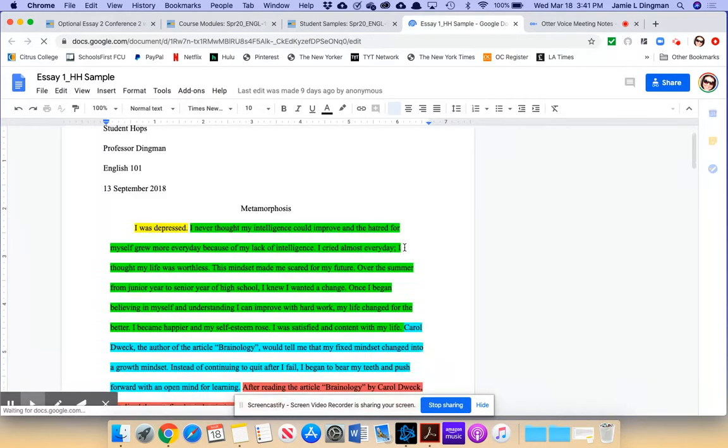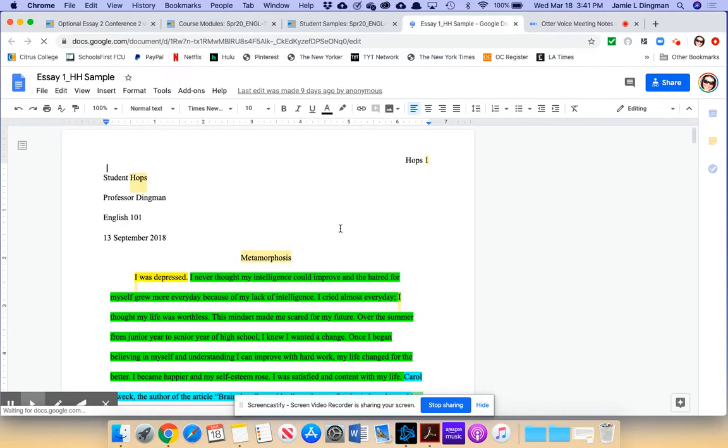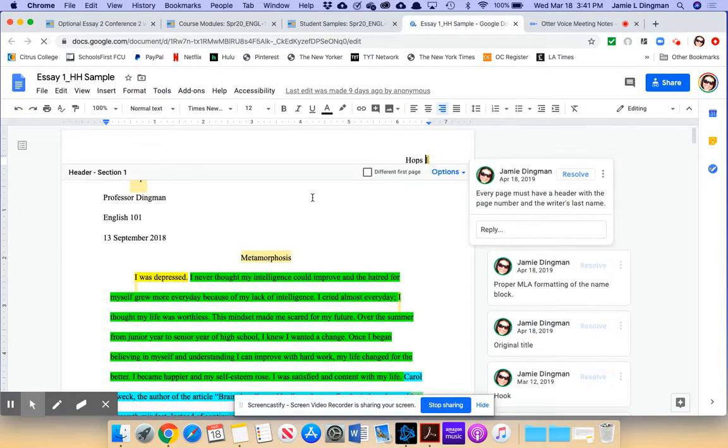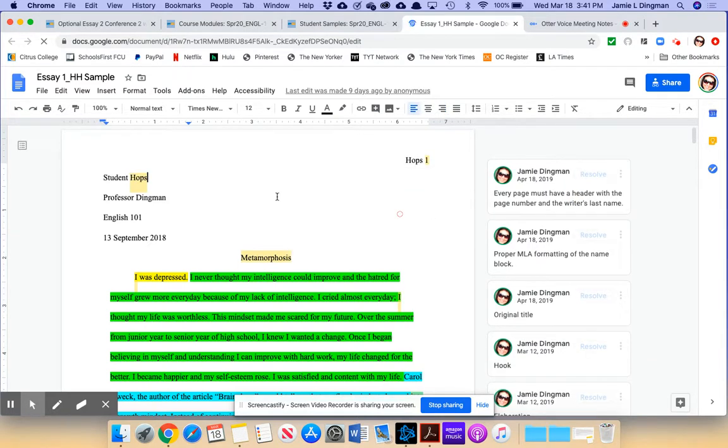Okay, so you'll see my comments are going to load here in just one moment. Okay. So let's start with the top of the paper. The first thing that I've commented on is the MLA. And when you look at this student's paper, you can see that she is formatting her paper appropriately in MLA.